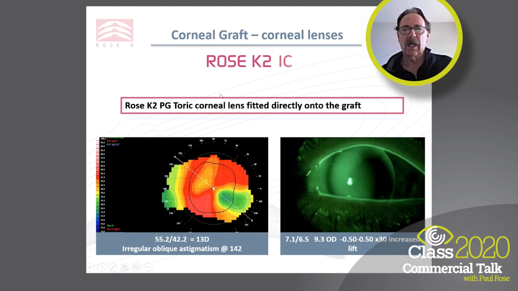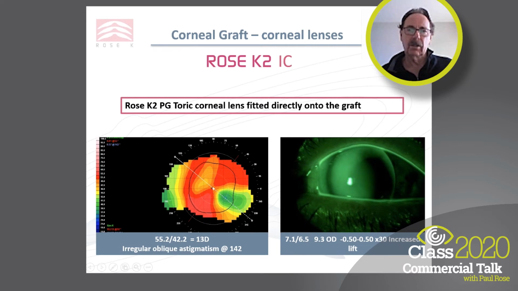This was a case worth touching on, and it did teach me a lesson, which I'll put at the end. You can see here, this is a graft with a high degree of astigmatism. It's got 13 dots of astigmatism across the graft. Initially, I fitted it with a toric back surface and a toric front, but the lens always tended to mislocate, and this gave limited wearing time and at times caused problems with the vision.